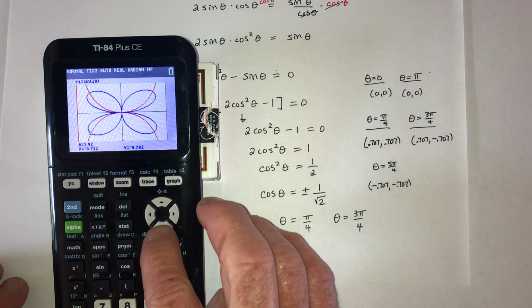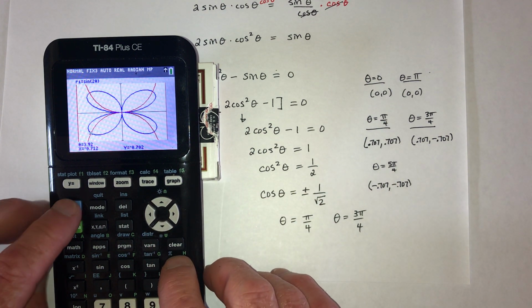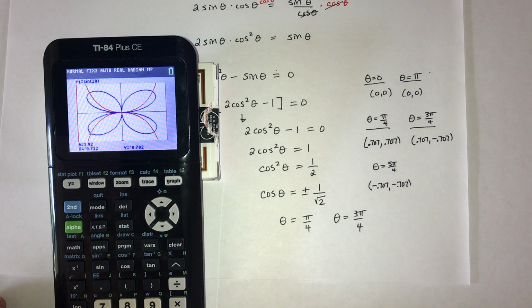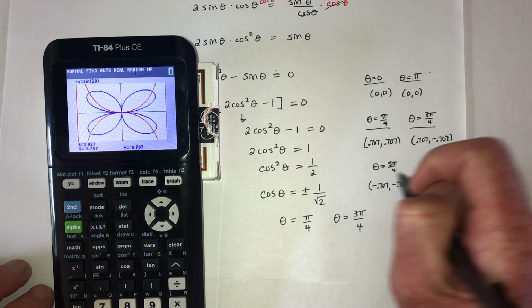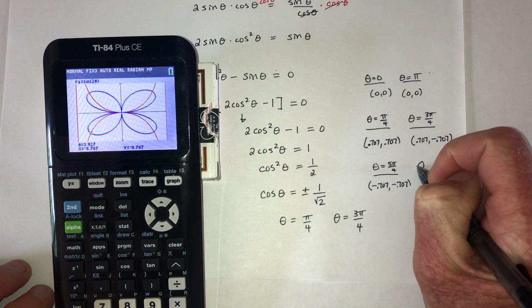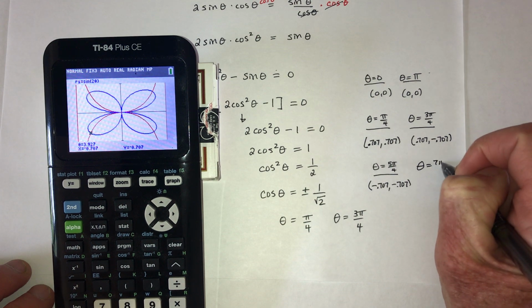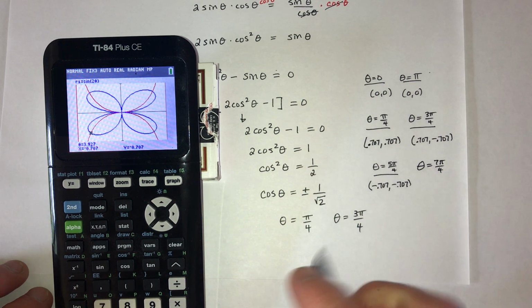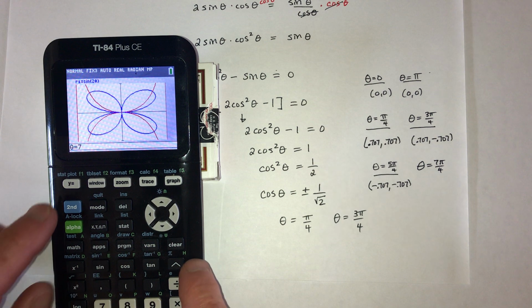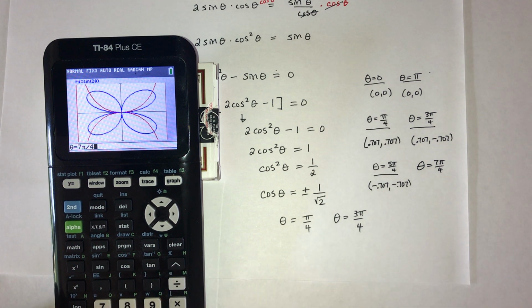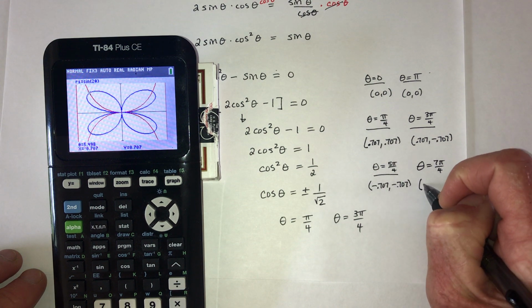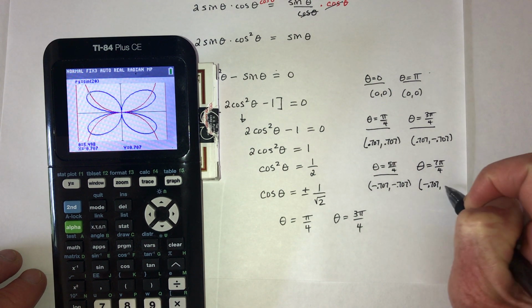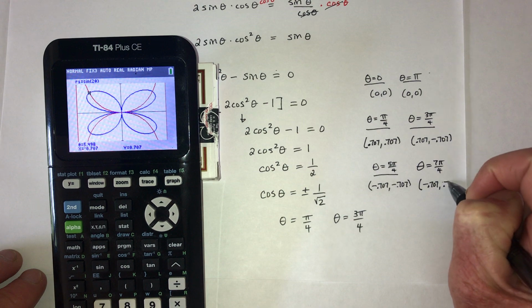And if I go down to the blue function and put 5 pi over 4, it's the same numbers. And then finally, the last one would be using odd 7 pi over 4. So 7 pi over 4. There's that last one. So that's when x is negative 0.707 and y is positive 0.707.